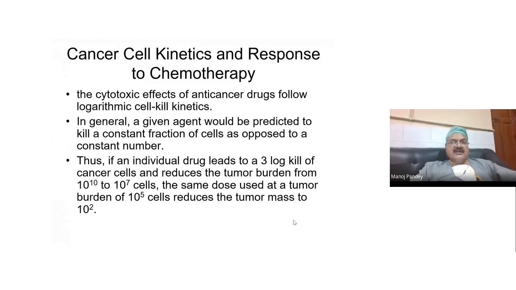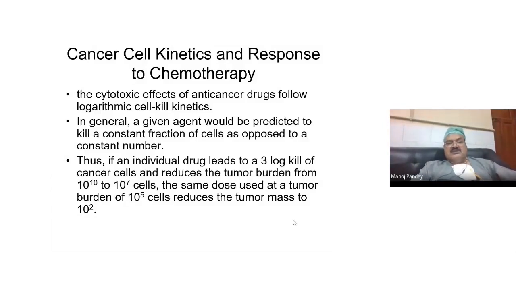That cell kill is a logarithmic cell kill, which means that if a drug kills 3 logs of cancer cells each time it is given, and you start with 10 to the power 10 cells, then at the end of the first cycle you will have 10 to the power 7 cells. After the second cycle you will have 10 to the power 4 cells.